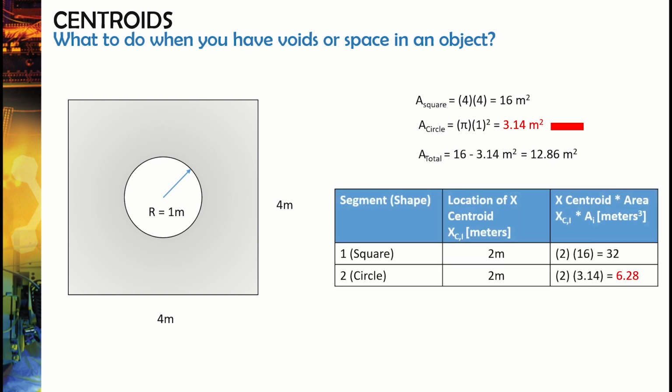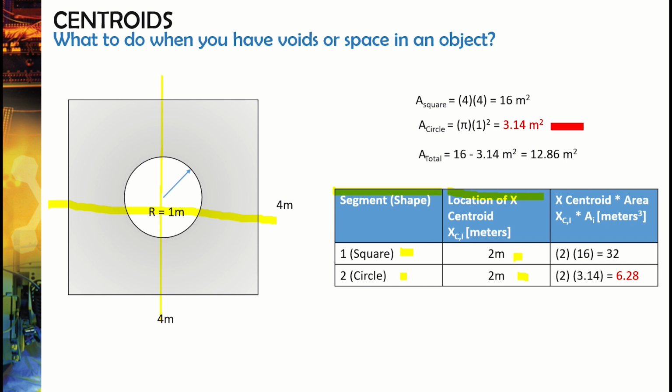And when we plug that into our table over here, we can see that again we'll be doing the shapes in question, which are the square and the circle. We know that the centroid of both of these shapes in the x direction is at 2 meters because this system is symmetrical, and we know that the answer for the center of mass should be pretty much right in the middle of our system.